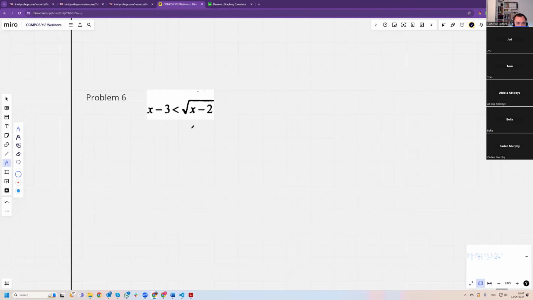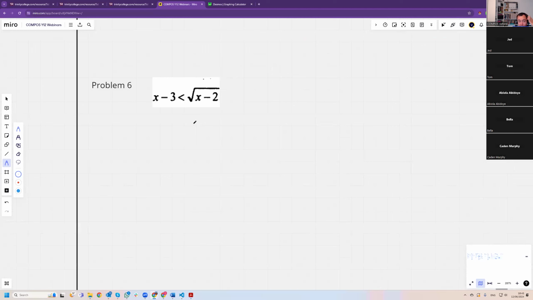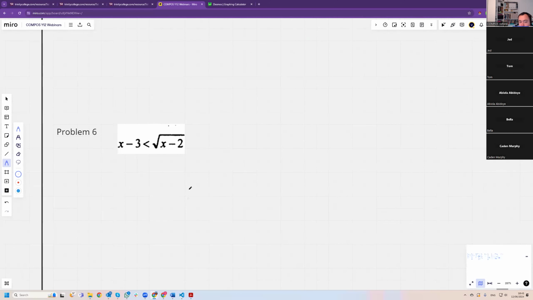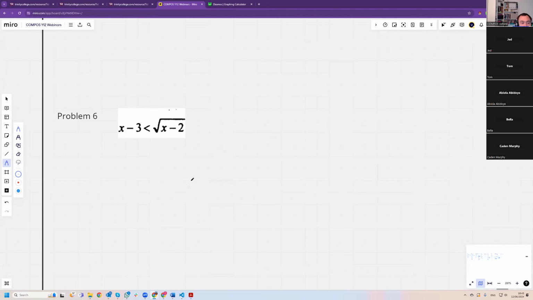All right, this one is trickier because now it has several things to consider. First of all, the first limitation is x has to be greater than or equal to 2, because you cannot take a square root of a negative number. Limitation 1.